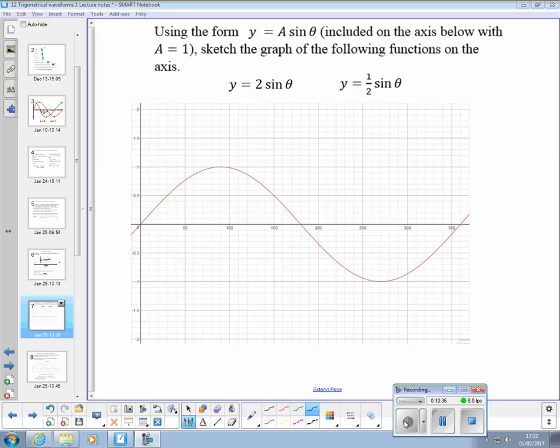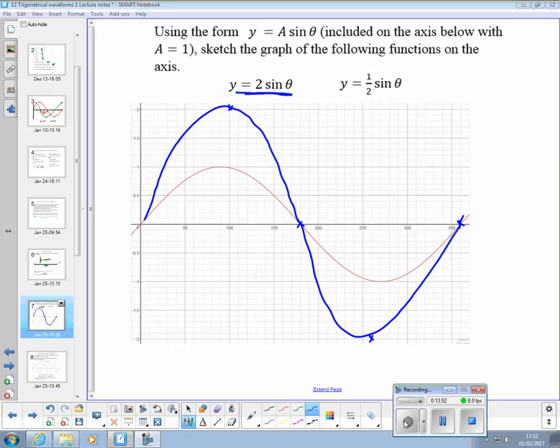Right guys, what we should have for y equals 2 sine x, I'm going to do in blue. It's going to peak at 2, cross through 0, go down to -2 and come back to there. That's what most of you have got. For y equals half sine x, it's only going to reach a half at each peak.